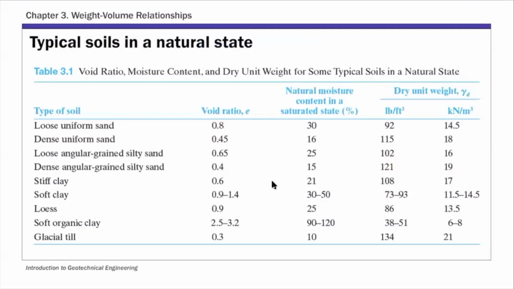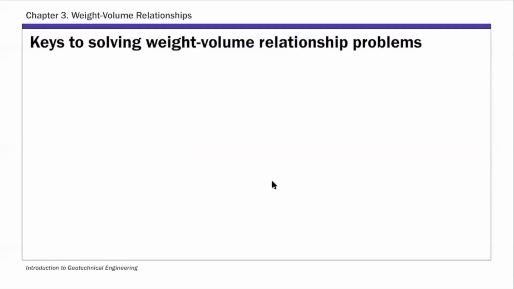And this is a table basically showing void ratio, moisture content, and dry unit weight for some typical natural soil. Here I'm summarizing some keys to solving weight-volume relationship problems, and we're going to go over examples.